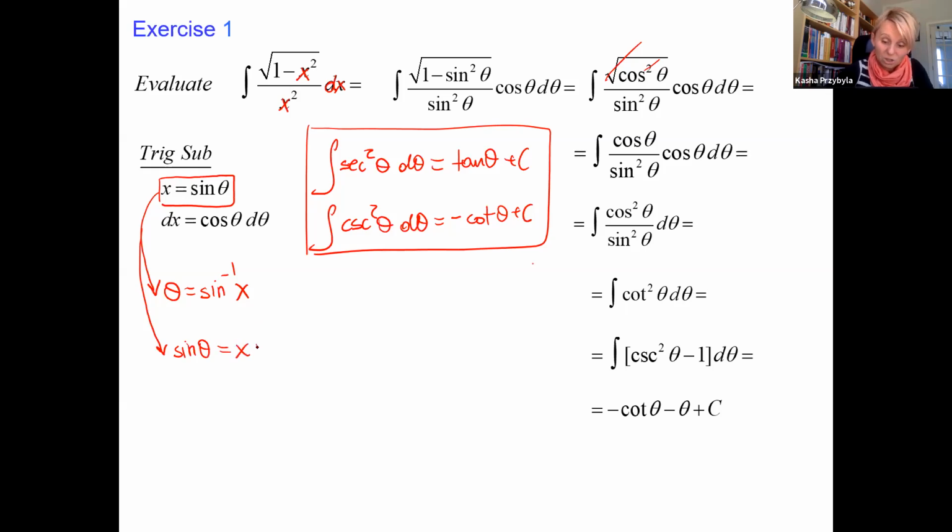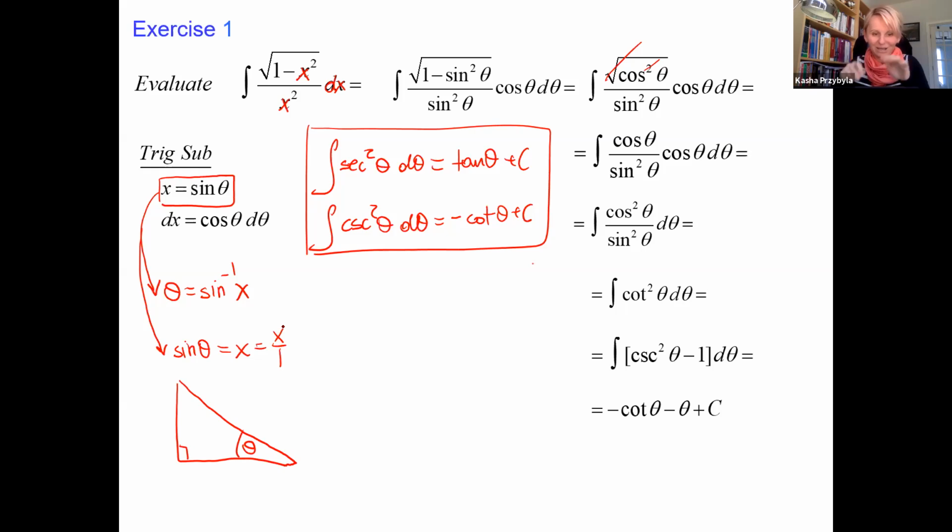And as a ratio, I can say x over 1. Make sense? And my best friend, the right triangle, that's the angle. If sine is defined as x over 1, do you remember the ratio in the right triangle?